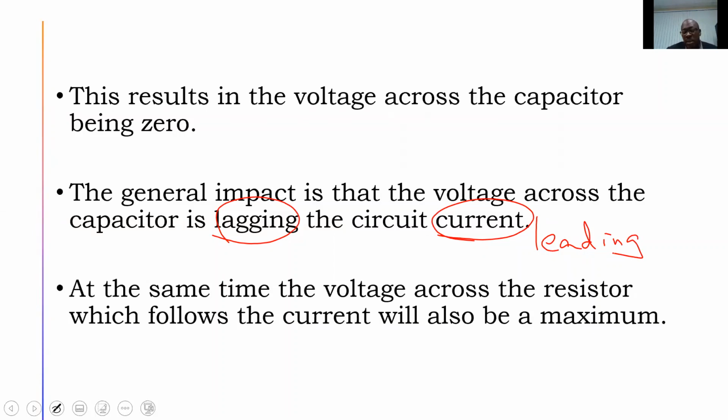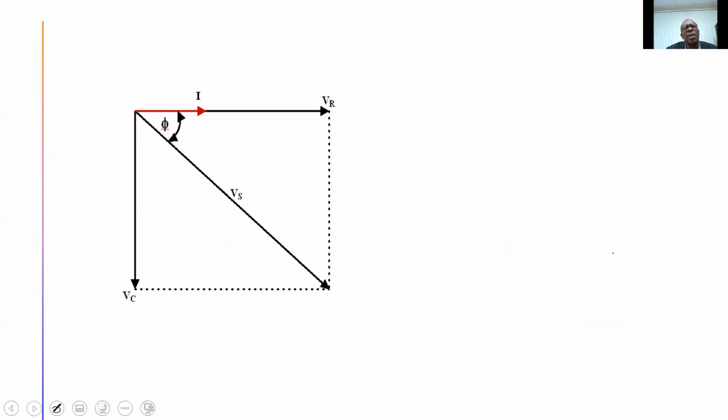Bearing this in mind, we can consider this phasor diagram, which represents the relationship between the voltage across the capacitor, the voltage across the resistor, and the circuit current. We're also showing the phase angle phi and the supply voltage V. Now let's discuss these relationships.